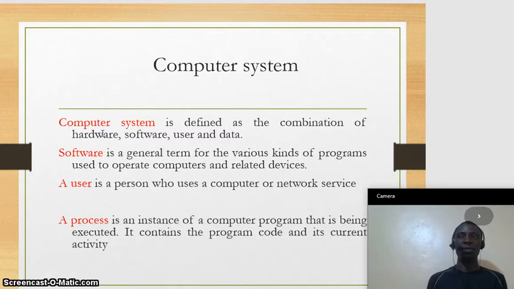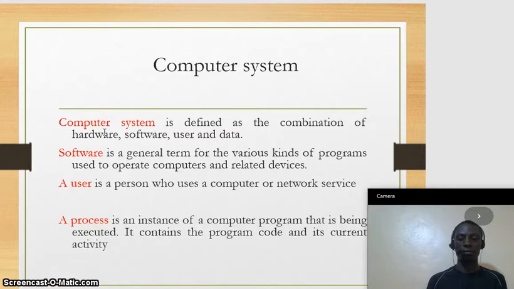We use the hardware to perform tasks using the software. They are just programs that are used to operate computers and related devices: iPads, tablets, smartphones, and others.